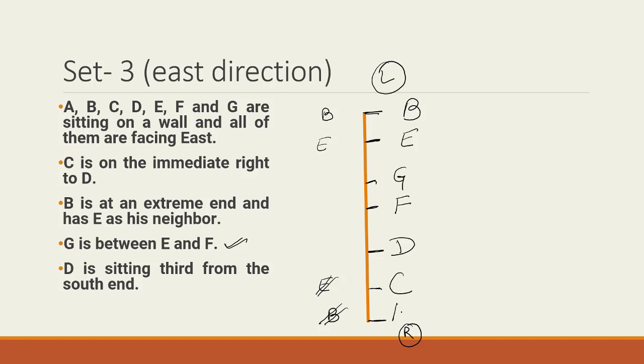And lastly, the southernmost position should go to A. So the arrangement from north to south should look like B, E, G, F, D, C, A. And since these people were facing east direction, our diagram or the arrangement should have been drawn on a vertical line, not on a horizontal line.